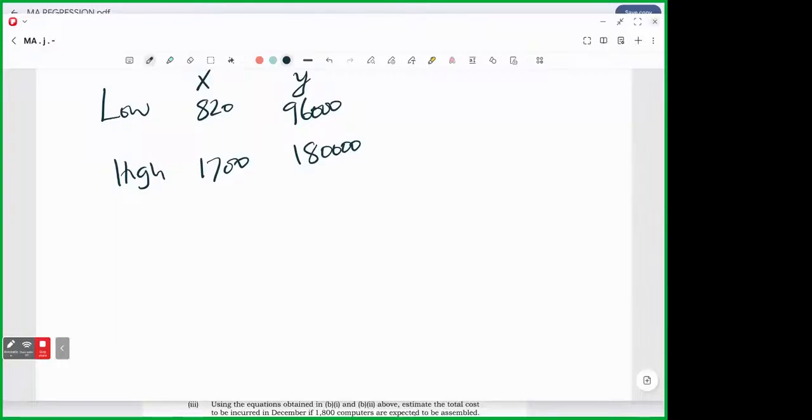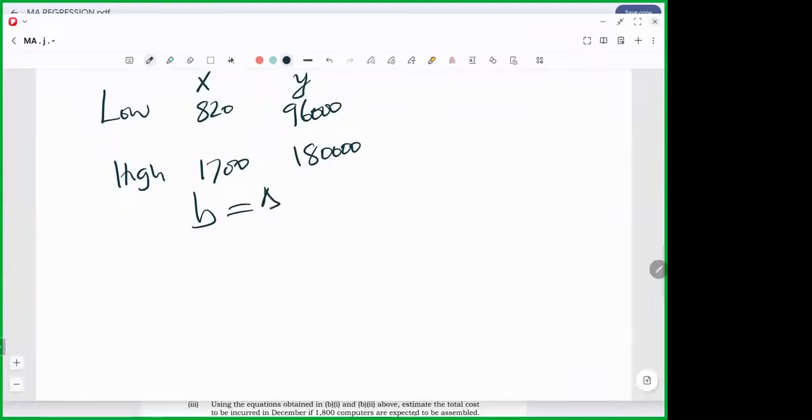If it is the high-low method, I need to come here and get the value of B. How do we get the value of B? It is change in Y, all over change in X. Change means that we're subtracting, and remember, we take high minus low.